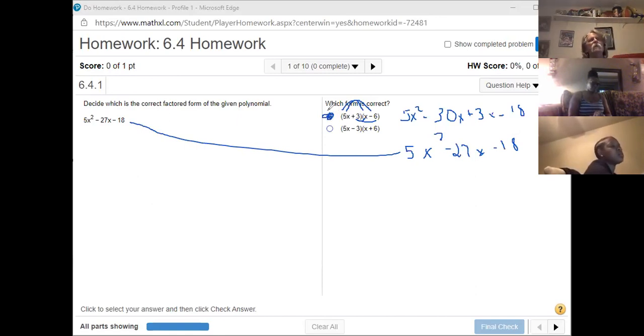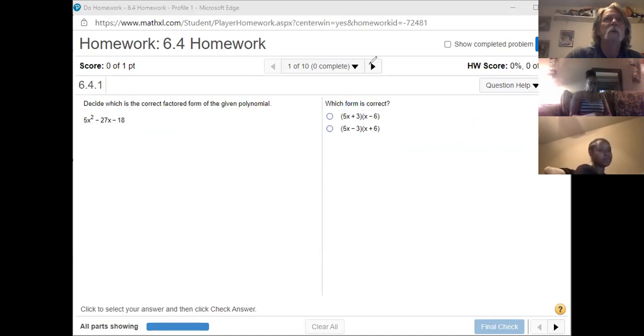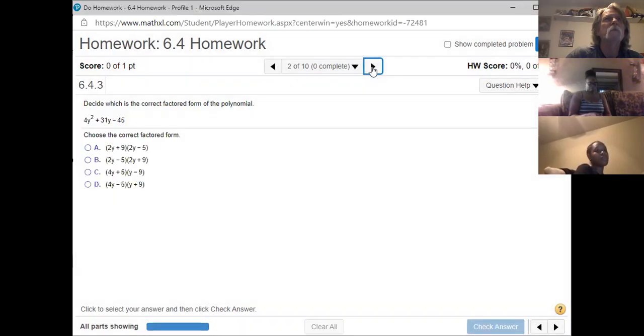Okay, now those aren't the easiest ones to do. If it starts with something besides x squared, if we were actually working this out, it just takes a while to work on some of these. So we got lucky on that one, and A was the very first one was the answer.